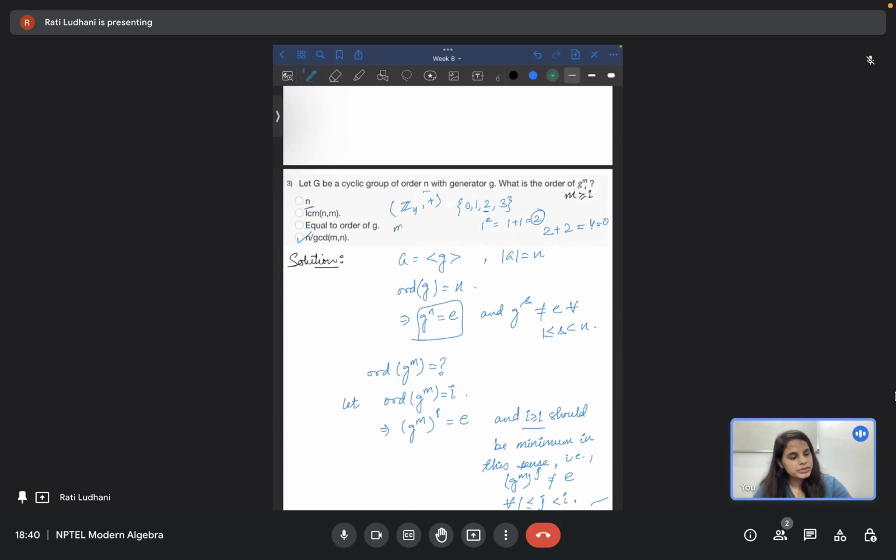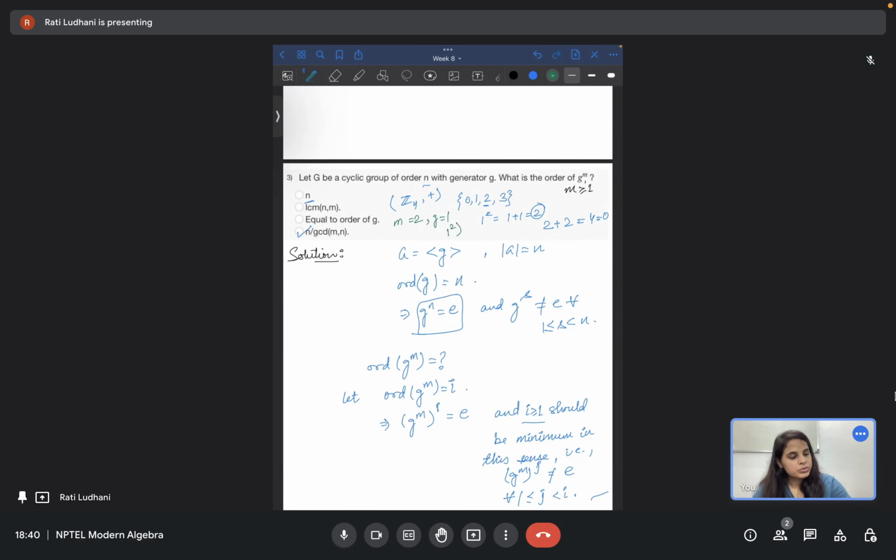If you take m equal to 2 and g equal to 1, then 1 raised to power 2 is equal to the identity, that is 0, so the order is 2, and here it has been asked n, so that is not true because n is 4.